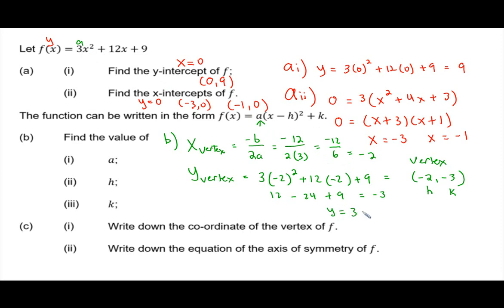So we know that's 3, right? And then we have x minus negative 2. So the negative becomes positive, right? That's why this becomes opposite, right? And then we have minus 3. Okay, so our equation will be y is equal to 3 times x plus 2 squared minus 3.